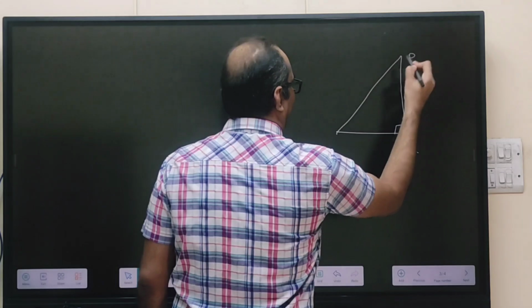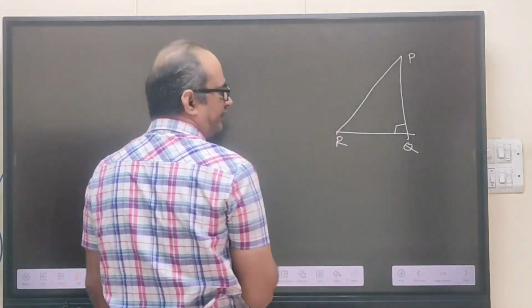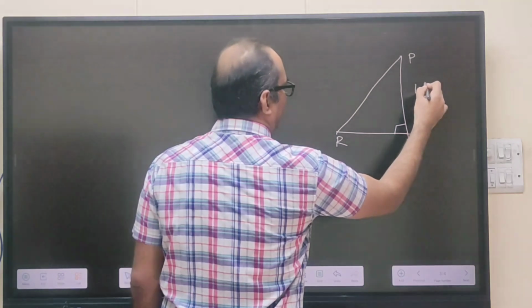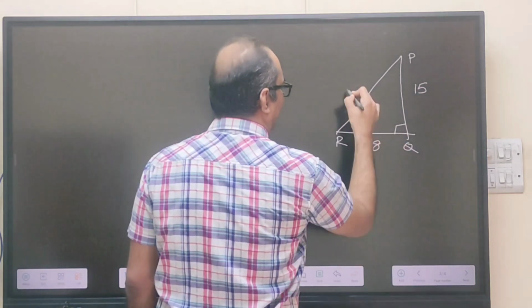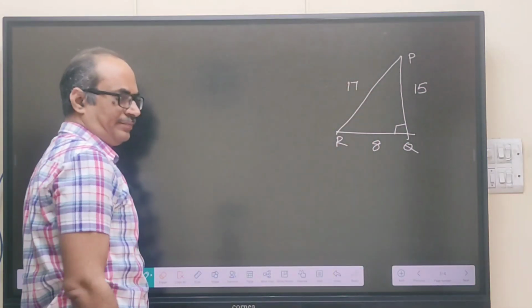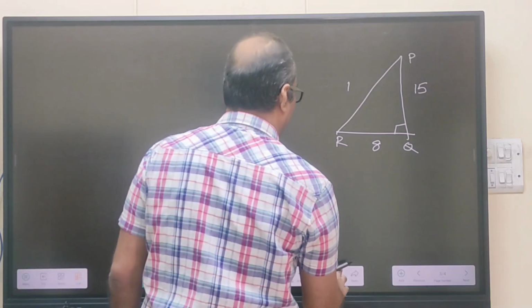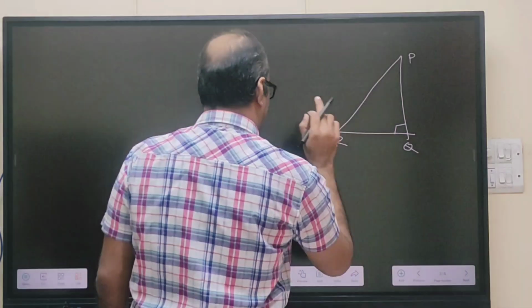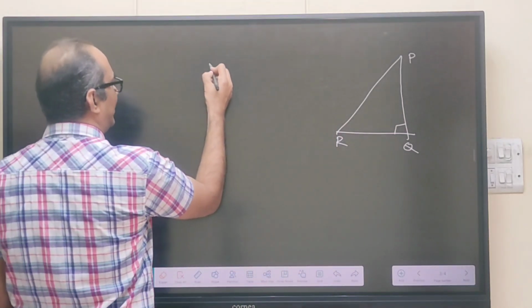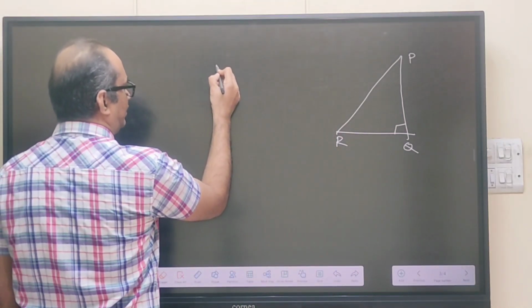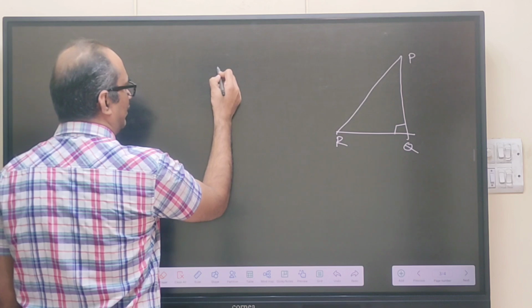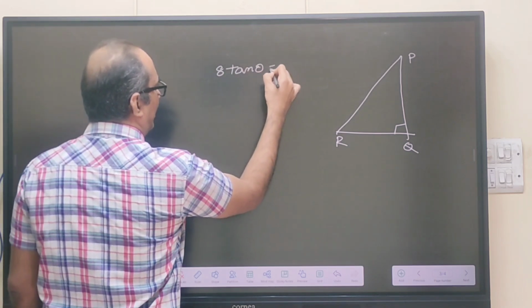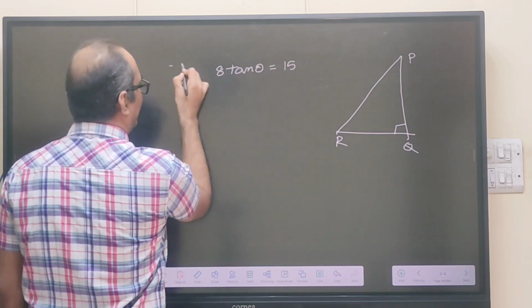Now the right angle triangle is PQR, and we have been given that 8 tan theta equals 15.